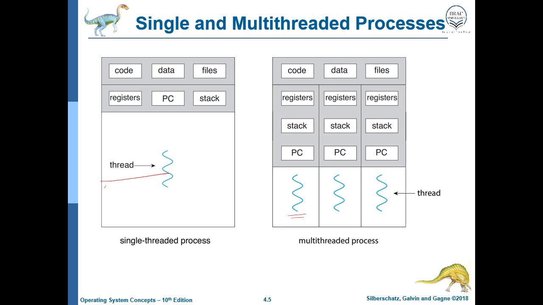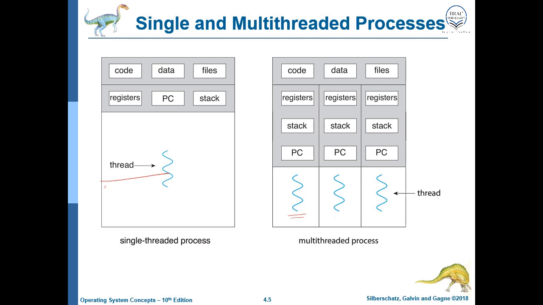It works with the resources that the process has. So this is really beneficial. And remember that when you compare processes and threads, processes are much slower compared to threads. Threads are lightweight and they are really fast.